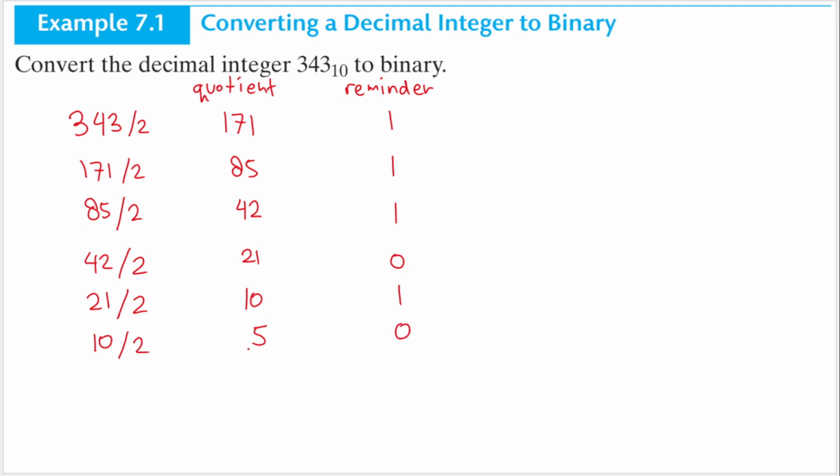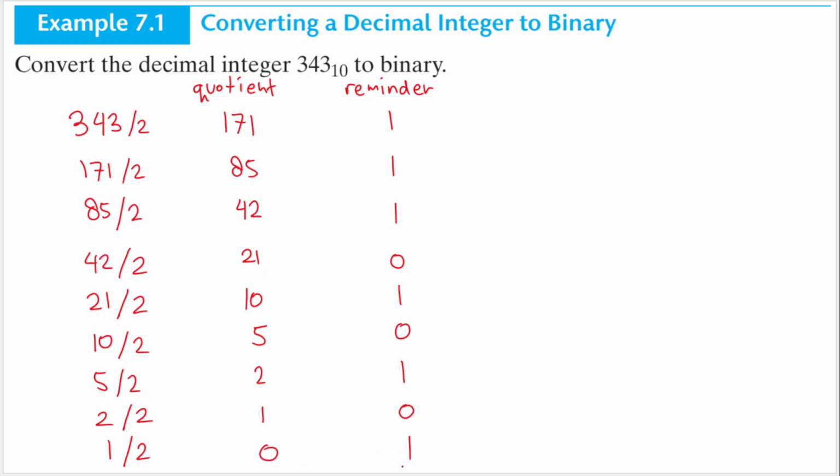Now let's do this again. 5 divided by 2, the quotient will be 2, but we have a remainder of 1. Now let's do again: 2 divided by 2. We will have the quotient of 1 with no remainder. And now 1 divided by 2, we will have 0 but a remainder of 1.